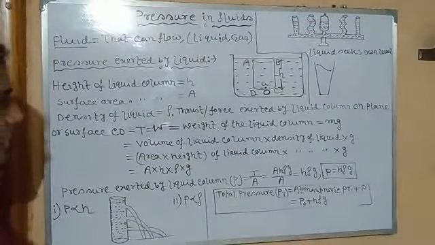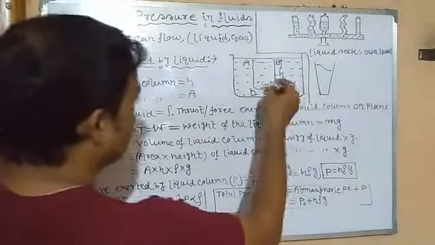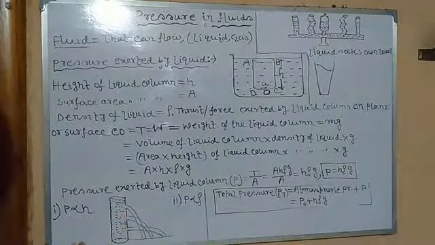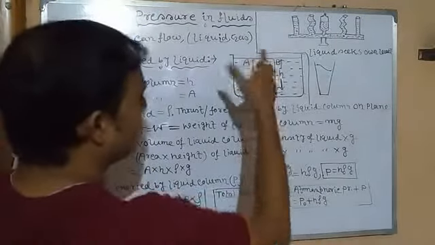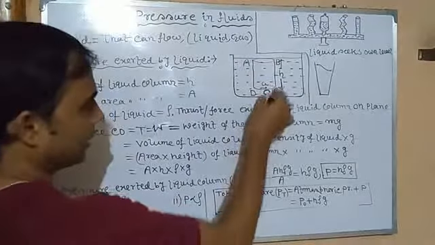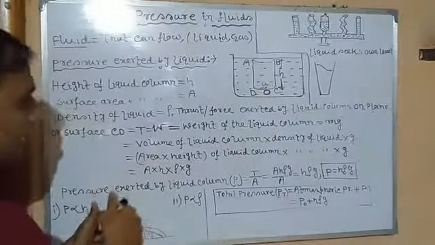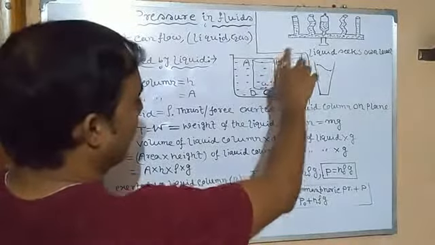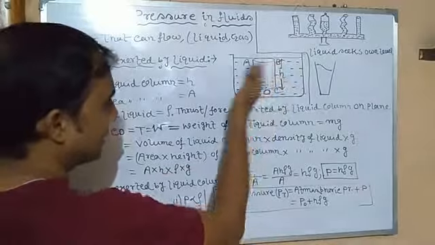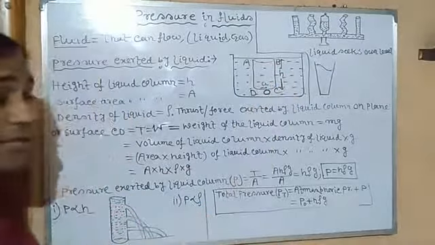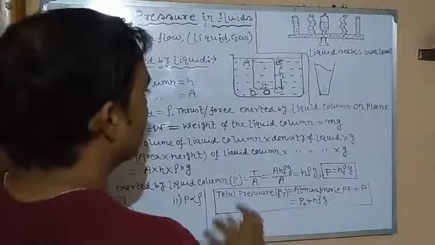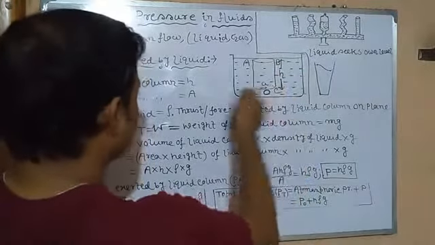Now imagine a cylindrical column of water. We consider a cylindrical water column ABCD, where the height of this water column is h from the free surface of the water, and the surface area of this imaginary cylindrical water column is A. Clear?